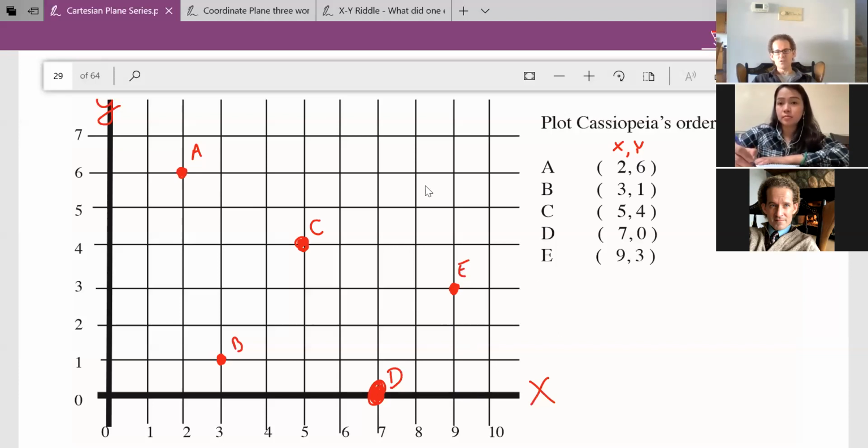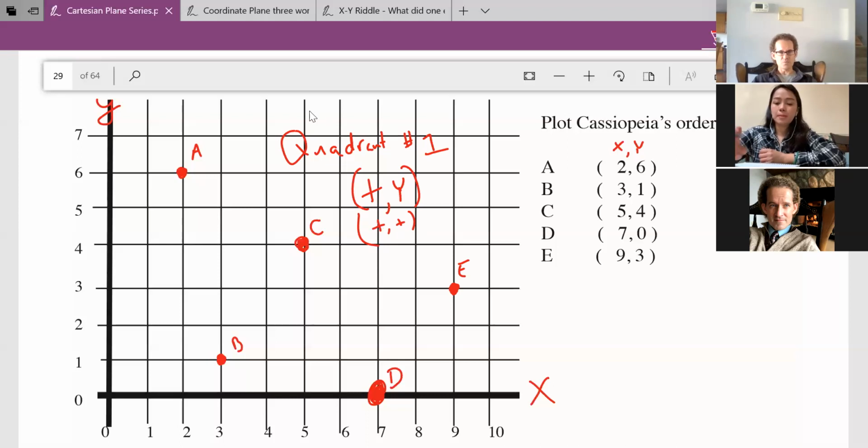So all of this whole thing is quadrant 1. And when anything is in quadrant 1, x is positive, y is positive.